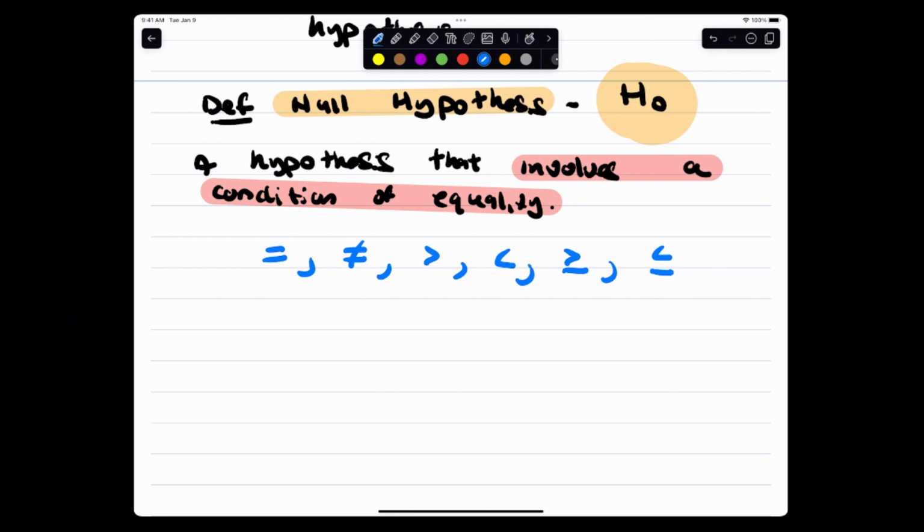So when they talk about the condition of equality, which one of these symbols involves an equal sign? Equal. You with me on that? So any hypothesis that involves the equal sign, called a condition of equality, will be considered a null hypothesis. There it is.